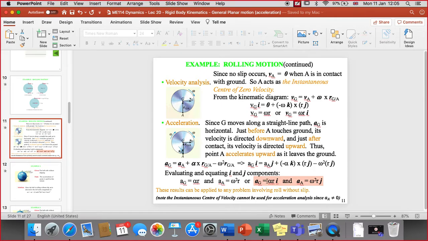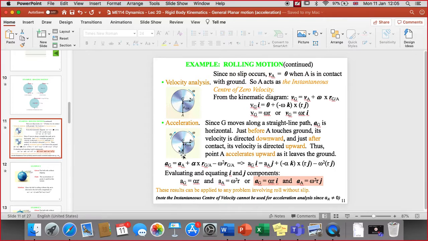So that's why that point has this component of acceleration, और हमने इसका analysis करके देखा भी था कि why does it turn out to be alpha r in the i direction, whereas the point which is in contact with the ground or the surface has a vertical acceleration acting upwards, because right at the next instance this point gets moved, it has a velocity that moves upwards.